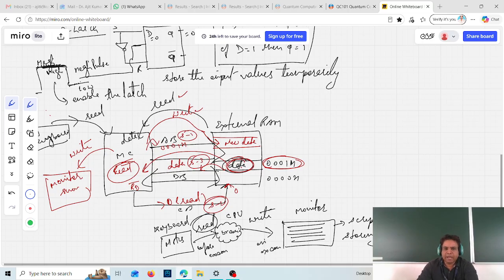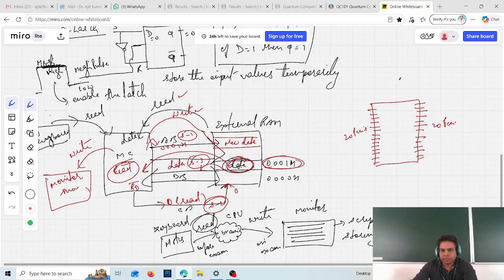But what is happening now? If you see the practical microcontroller, it has 40 pins: 1, 2, 3, 4, 5, 6, 7, 8, 9, 10, like this, 20 pins on the left side and 20 pins on the right side. Now recall the address bus of the 8051 microcontroller.